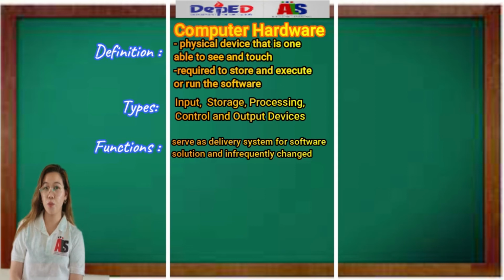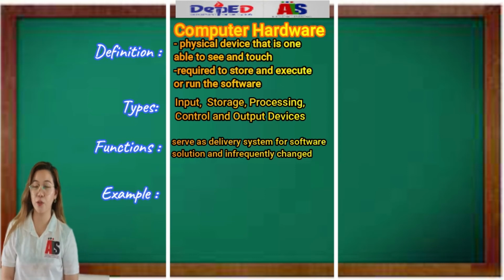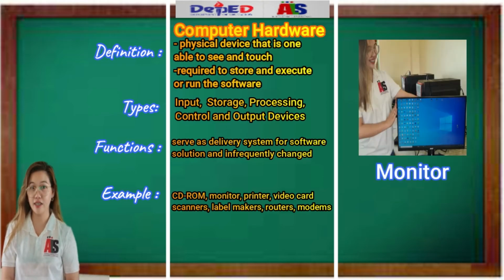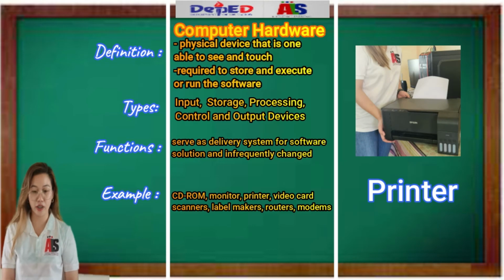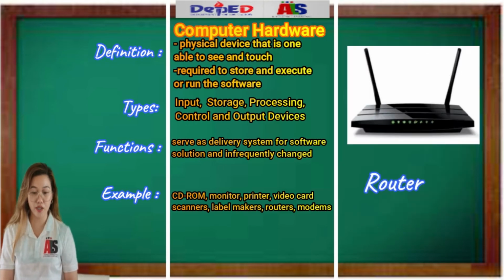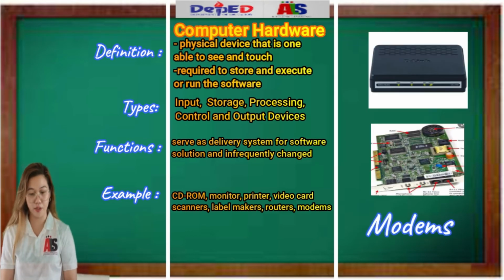Next, what are the examples of computer hardware? First, we have CD-ROM. Next, monitor, printer, video card, scanners, label makers, routers, and modems.